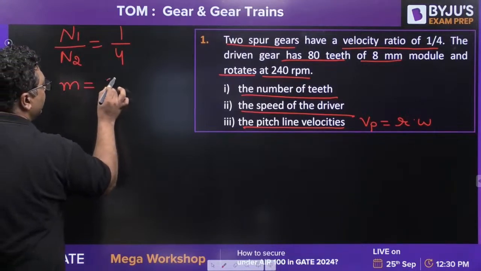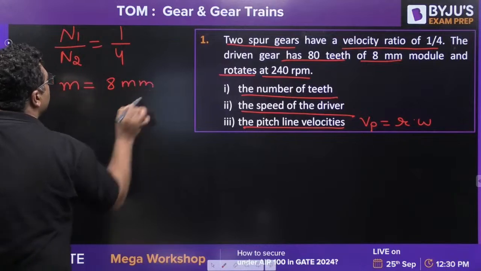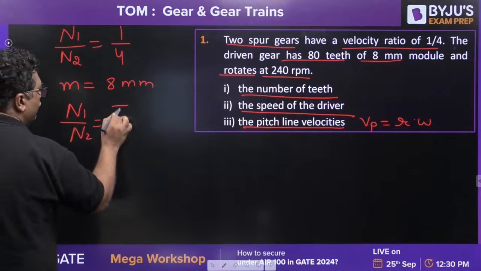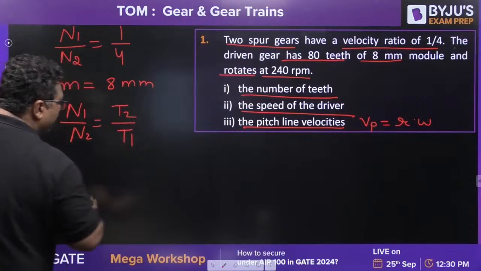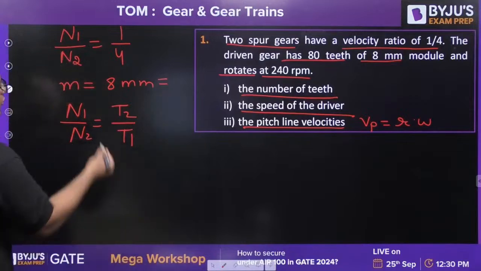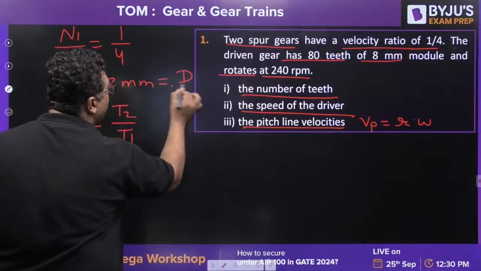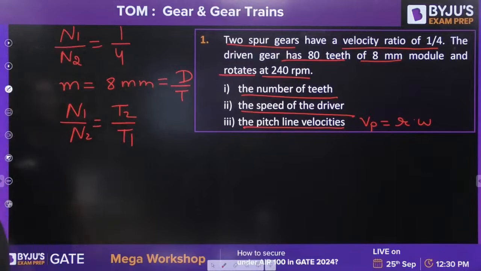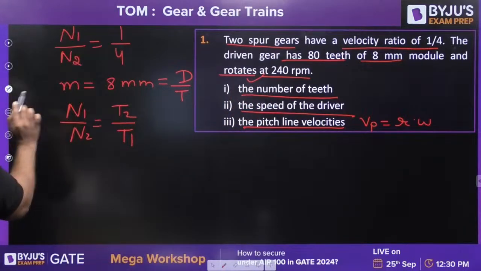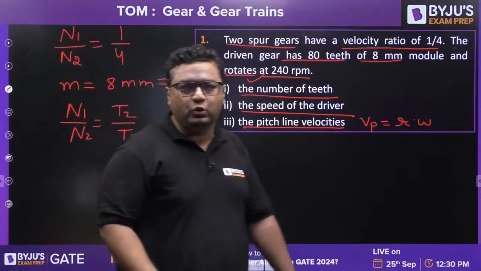We can write N1 by N2 as T2 by T1. And module is nothing but diameter by number of teeth. The speed is also given to you. Try to solve this question, then we will move further to question number 2.